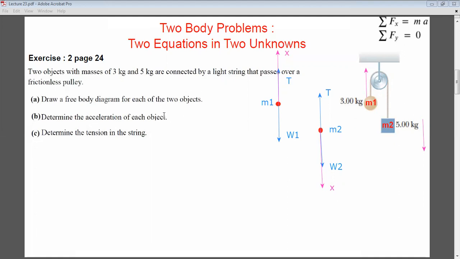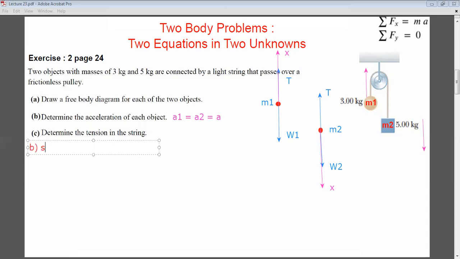So acceleration 1 equals acceleration 2, and we will call it simply acceleration. In order to find it, we have to apply Newton's second law on each of them, and since we need acceleration, we apply summation of Fx.